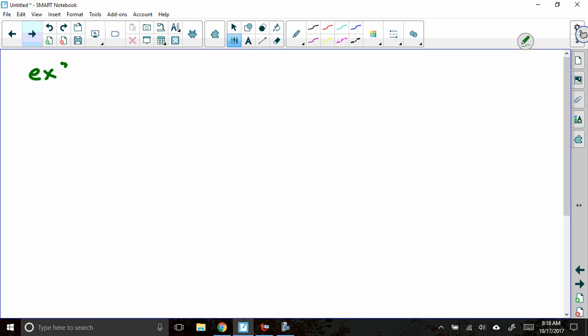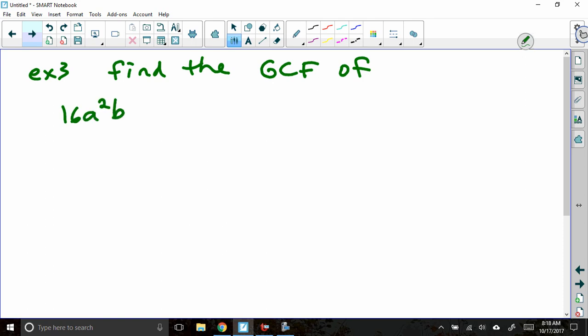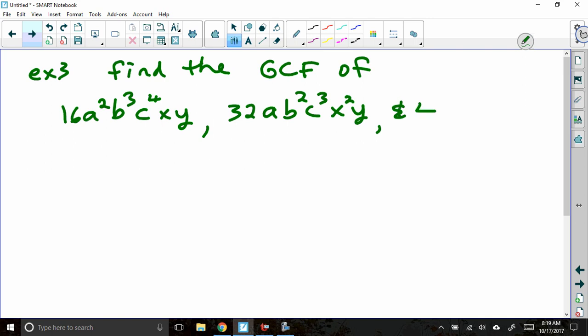Example 3. Find the GCF of 16a squared b cubed c to the 4th xy, 32ab squared c cubed x squared y, and 48abc squared x cubed y squared.